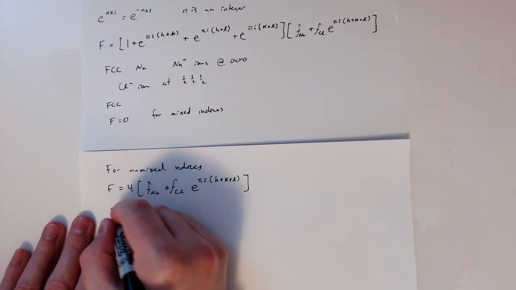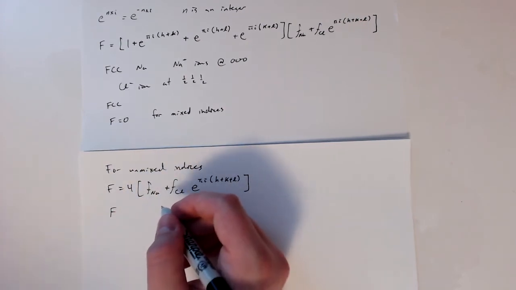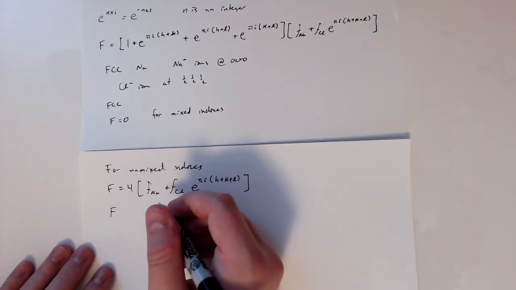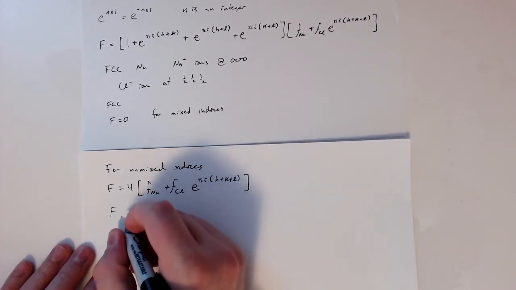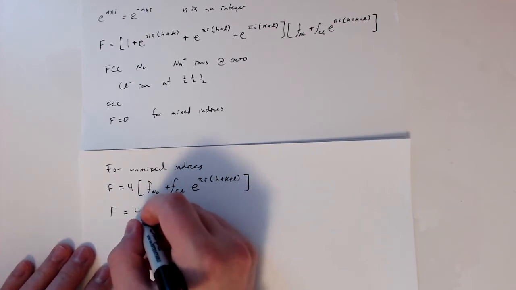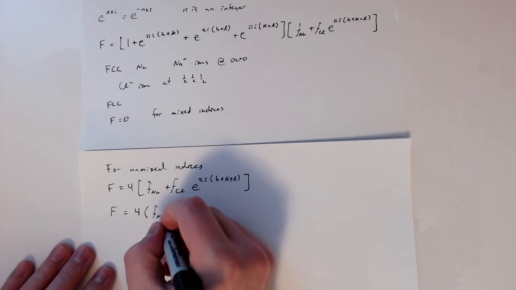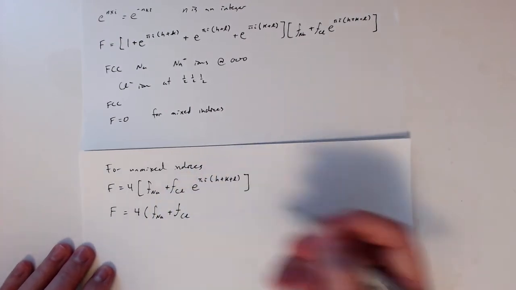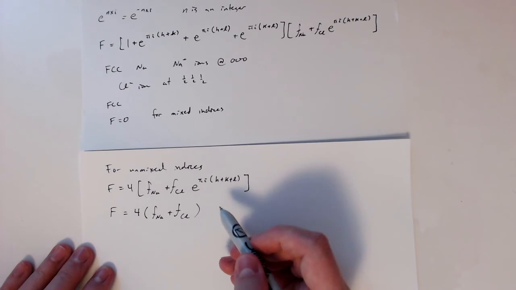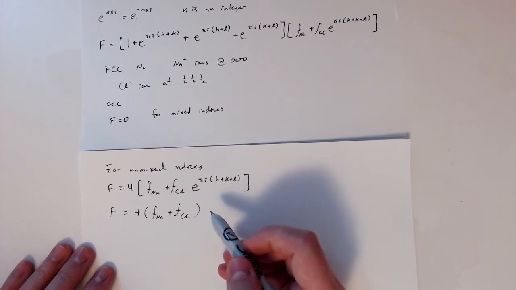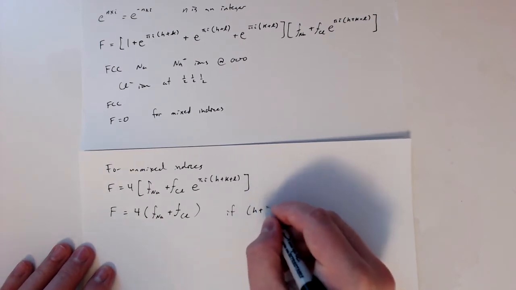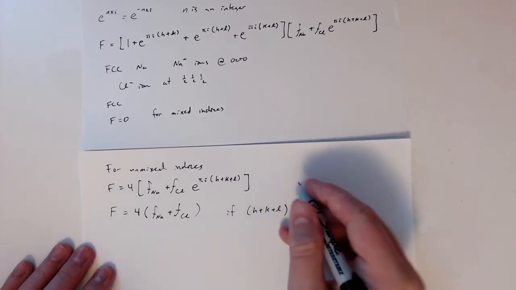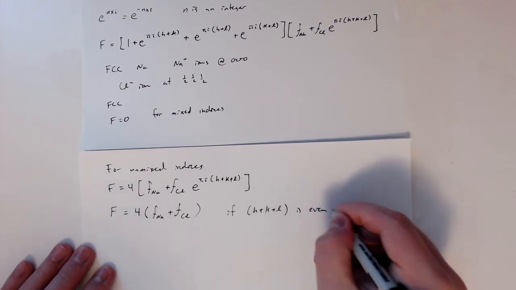So let's look at the case of unmixed. In FCC, we saw that we have peaks when they're unmixed. So let's look at the examples of if they're all even or all odd. So for even, we would get this. And again, if you want to plug in all the numbers, I recommend you do that. But this is the expression if we have H plus K plus L is even.